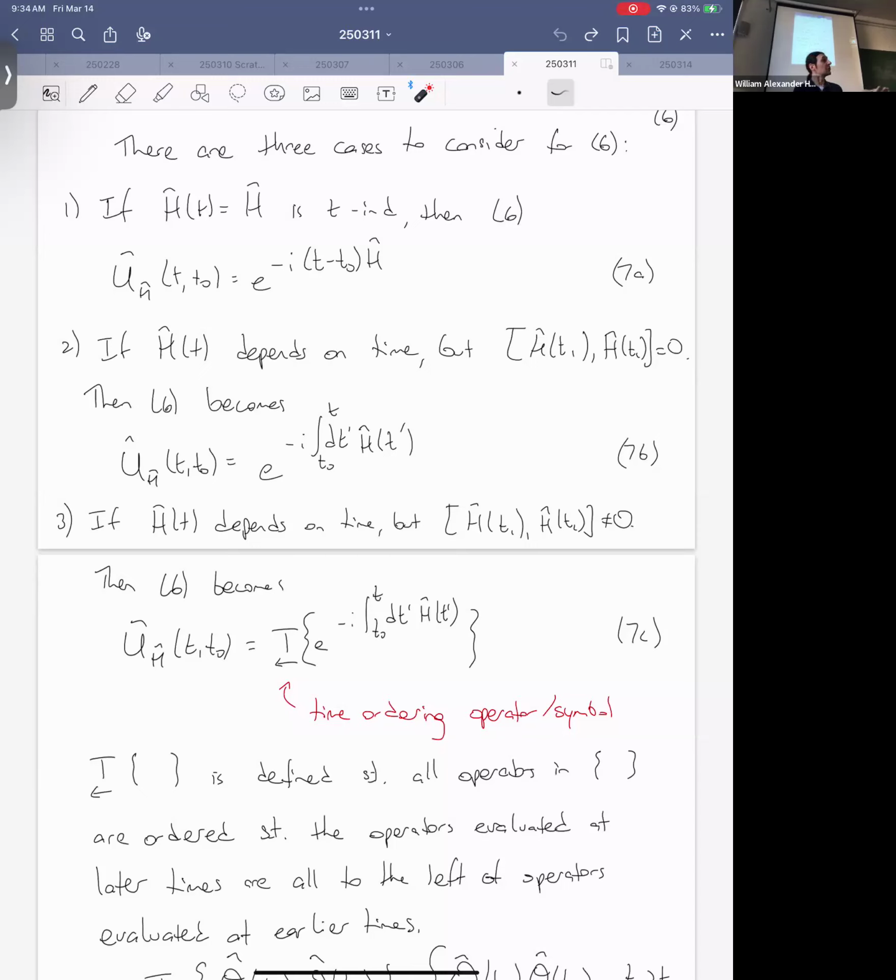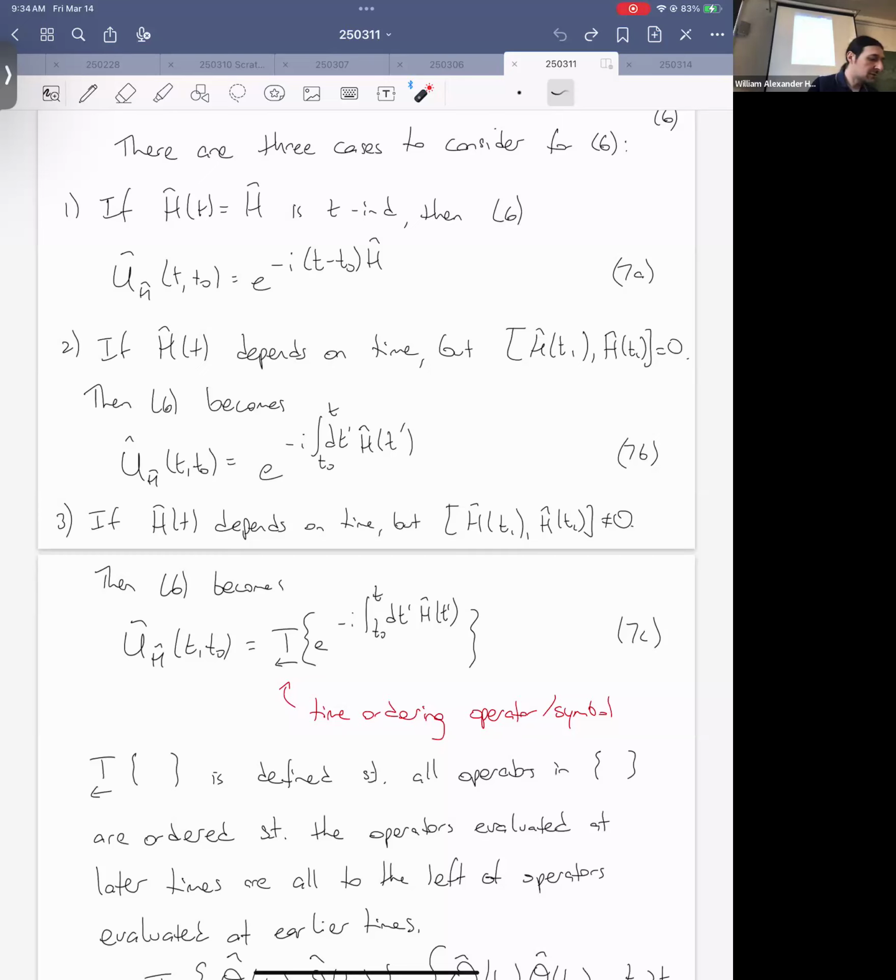Maybe it did. But there is a really important reason why I'm bringing up this time-ordered exponential, because this is everywhere in field theory. Because in field theory, space and time are on equal footing, you care very deeply about the time. All of your operators depend on time in a trivial way.